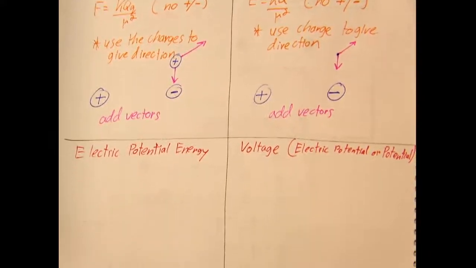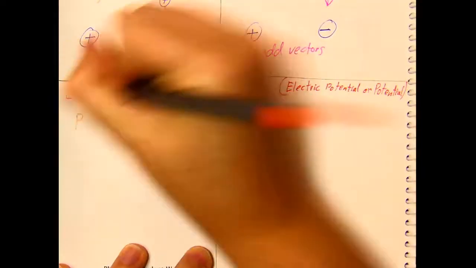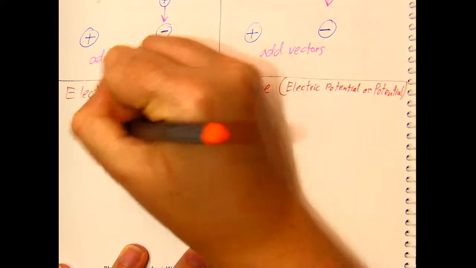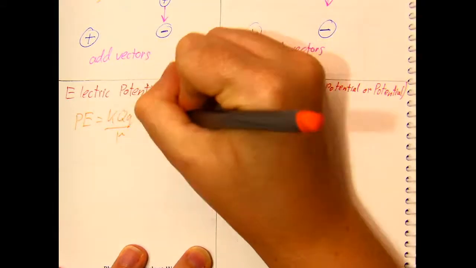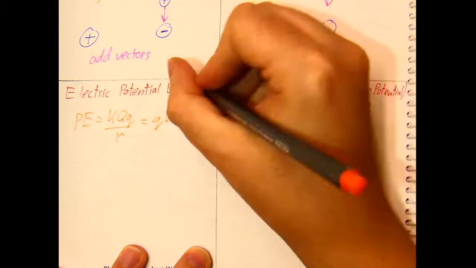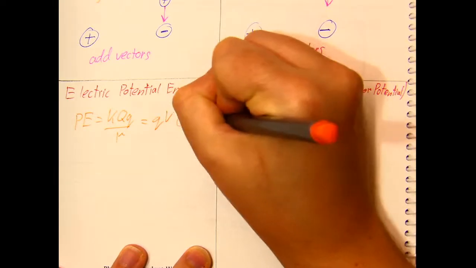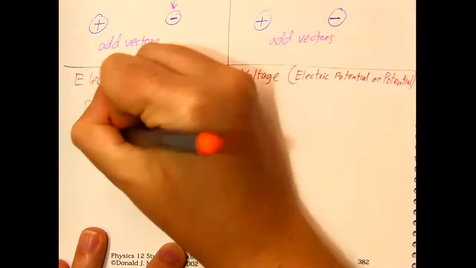Electric potential and voltage have a similar relationship to each other. For electric potential energy, PE equals KQQ over R. It also equals Q times V. For energy, we do use the positive and negatives. Energy is not a vector.